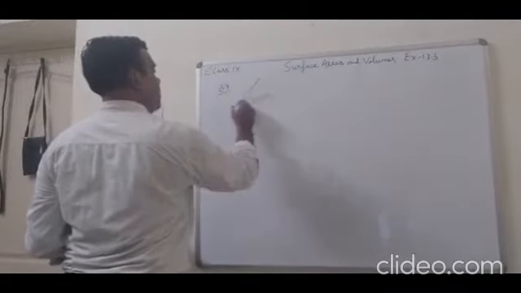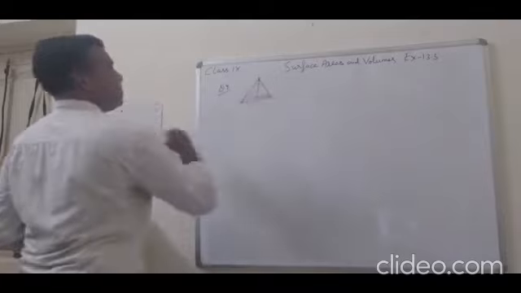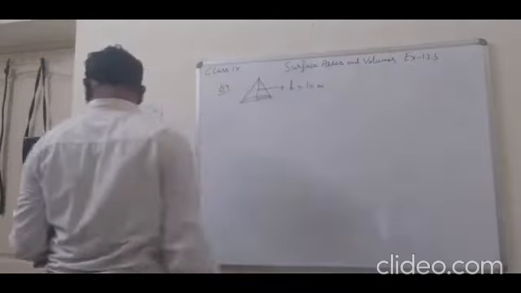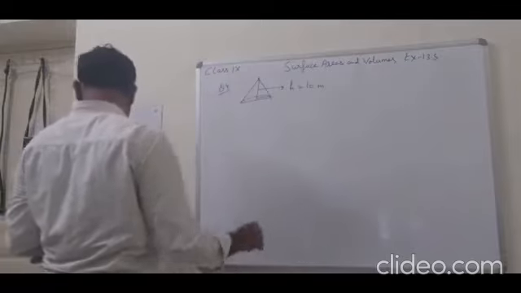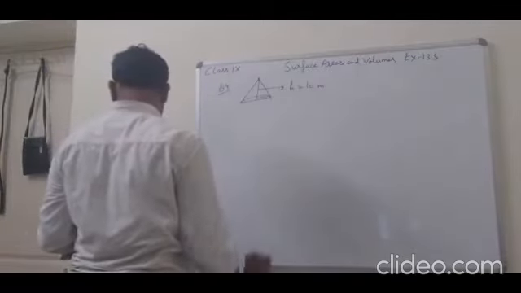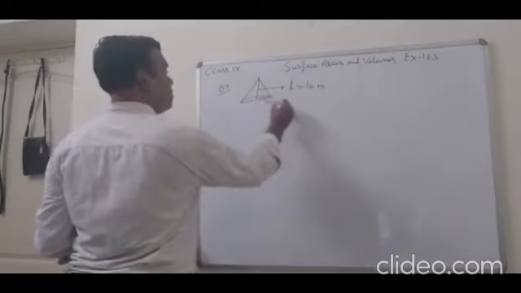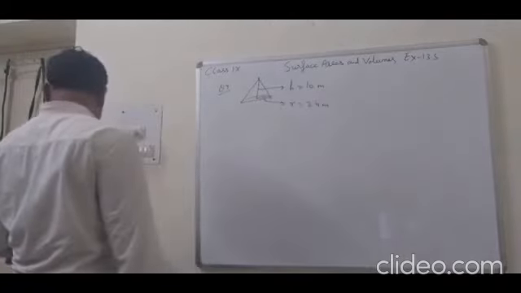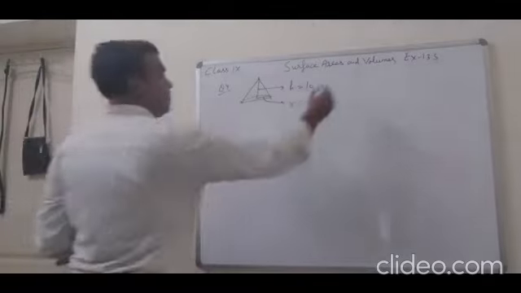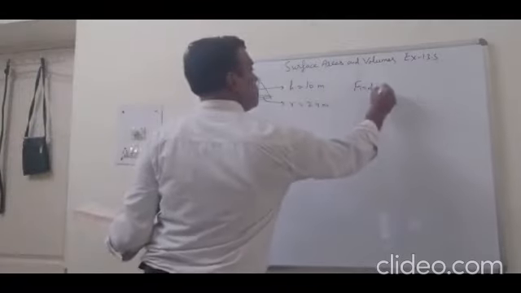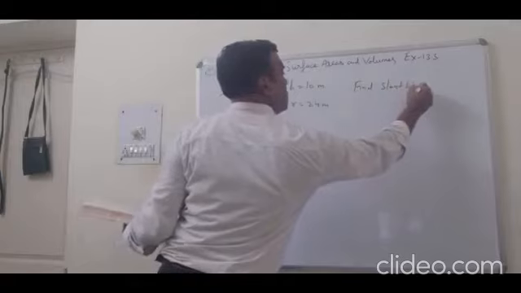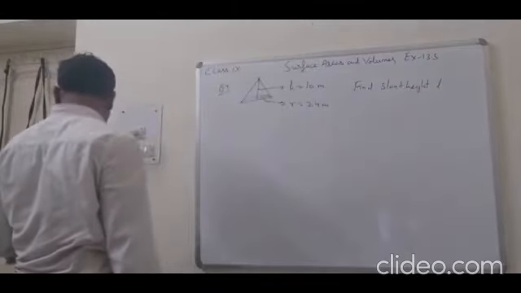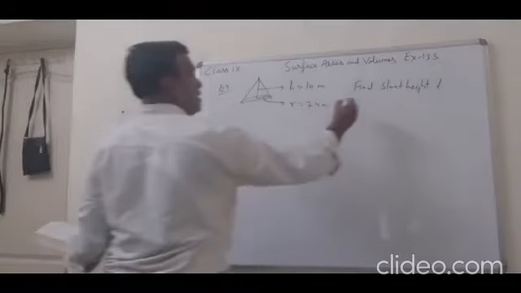A conical tent whose height h is 10 meter is given to you, and base radius r is 24 meter. Find the slant height L, and find the cost of making the tent.